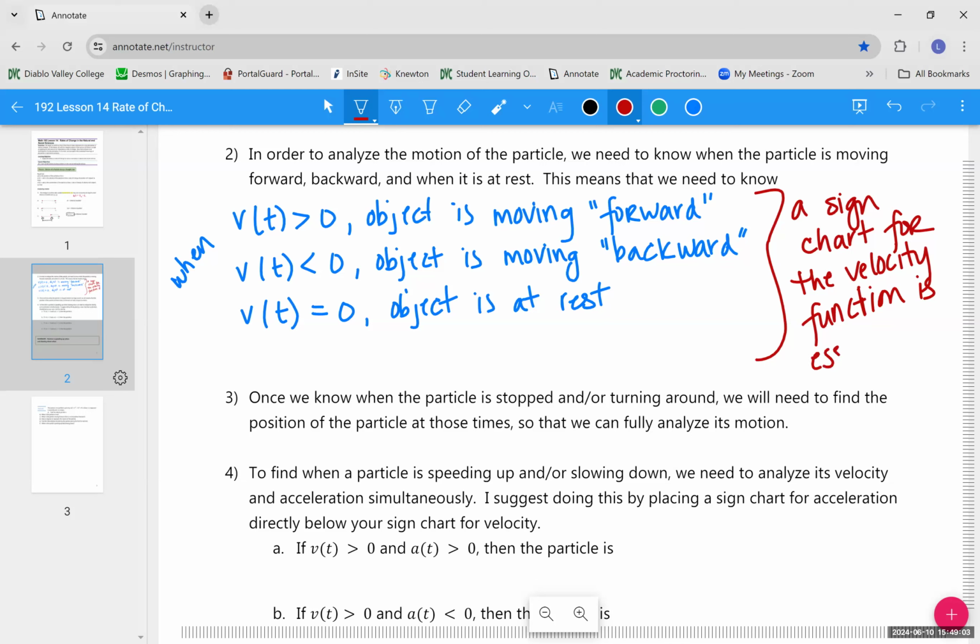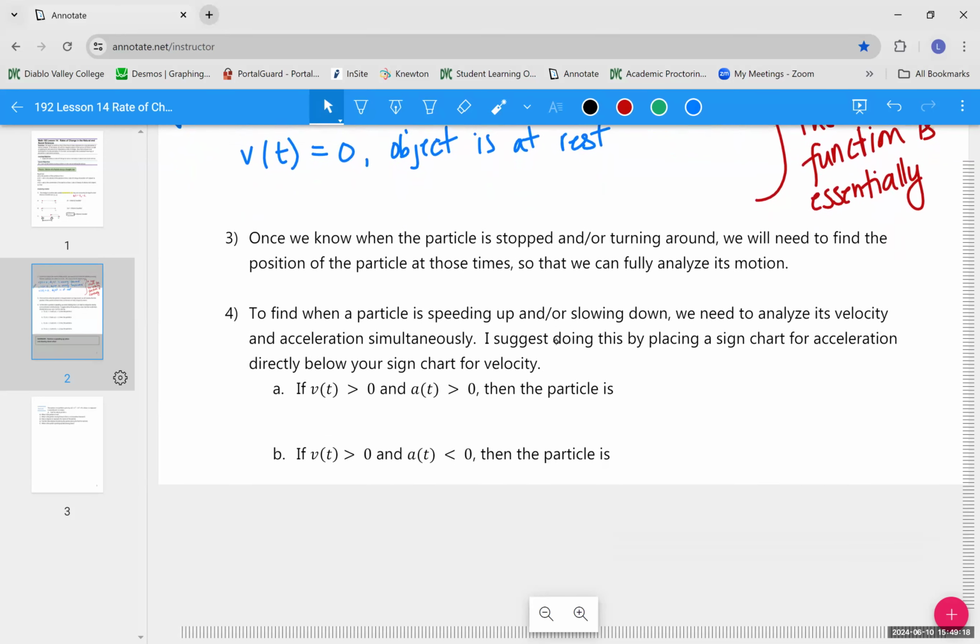Anytime you're being asked about direction of movement, or when it turns, when it's at rest, you're going to need to make a sign chart for velocity so that you can see when it is moving forward, backward, then at rest.